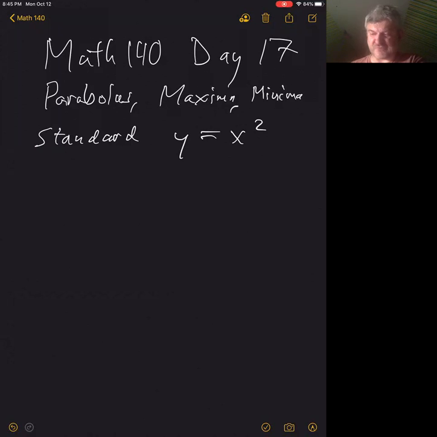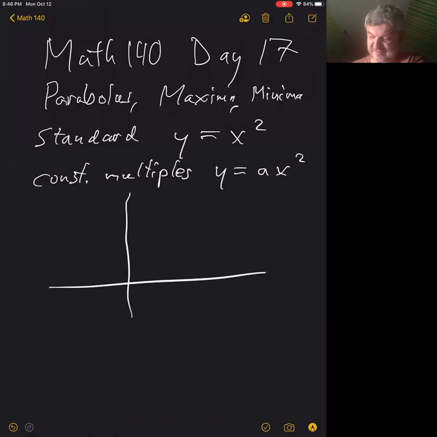And okay, you could sketch that, but I'm going to already step a little bit away from that and make constant multiples of that. So that gets you to y is a times x squared. A could be any non-zero constant. What does that look like?